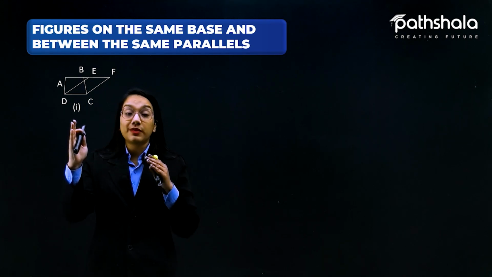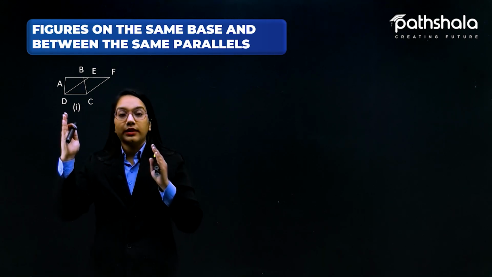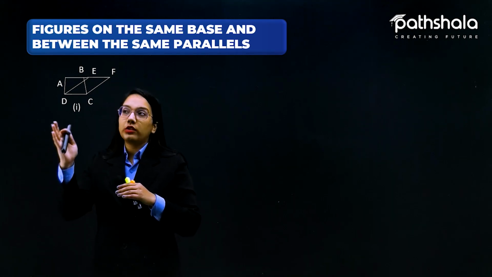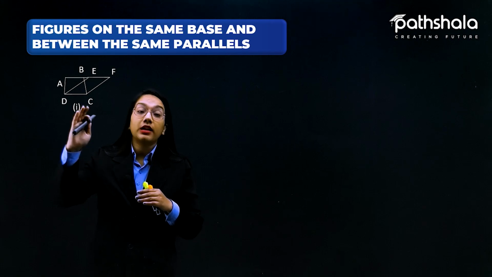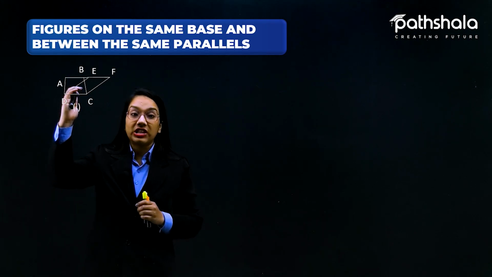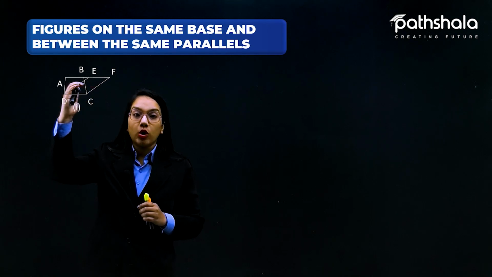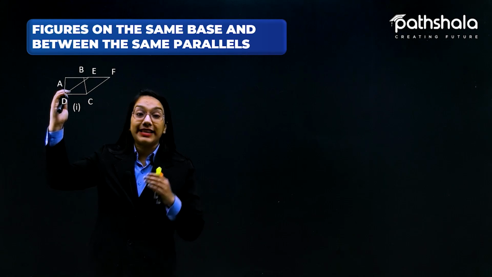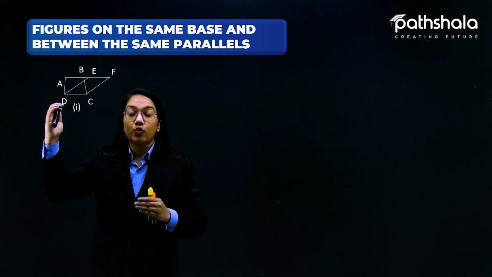What is the difference between this figure and the previous example? They do have the same base, but now all the vertices of these two figures are lying on the same straight line. They are lying on the same straight line. So what can we say?